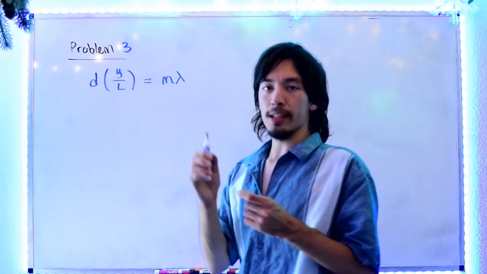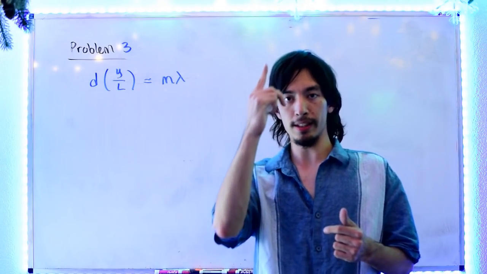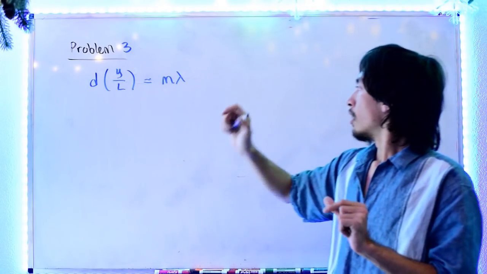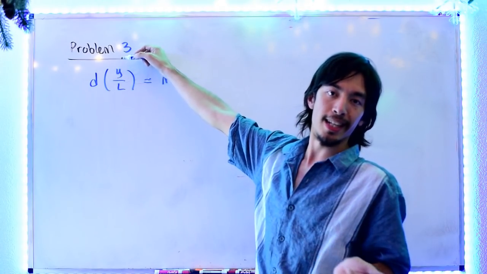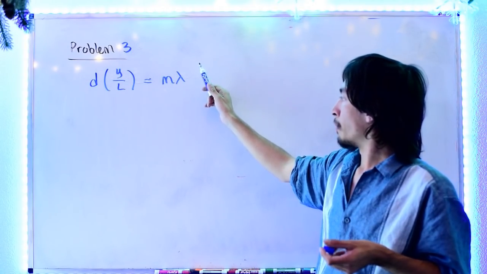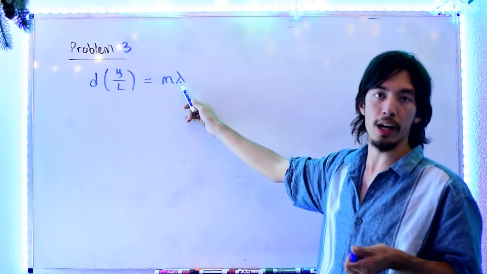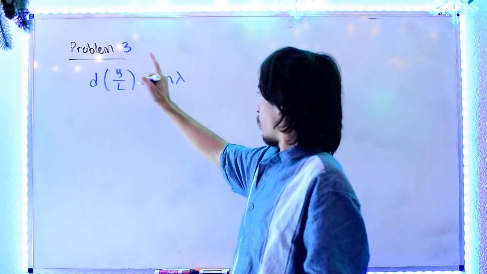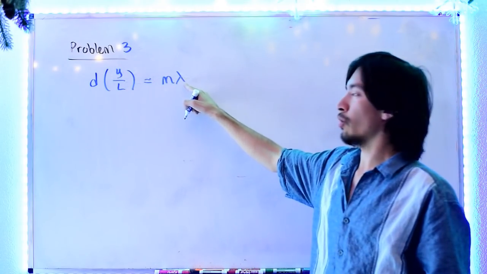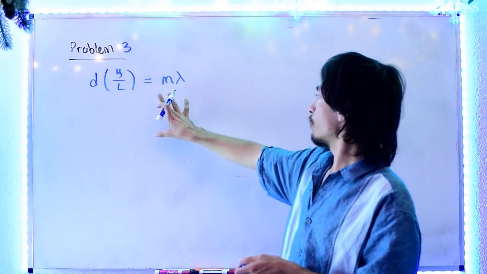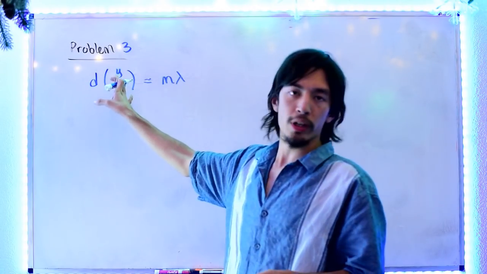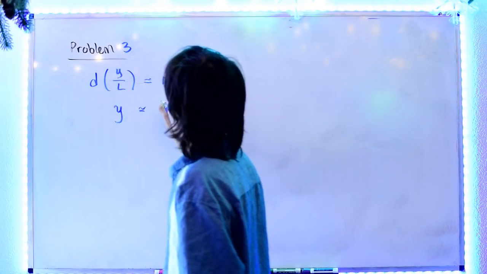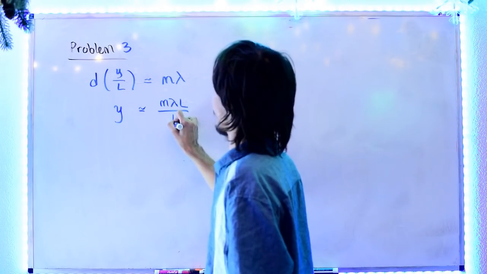I tell you that the distance along the viewing screen from the center to the spot of interest, y, is 10 centimeters. I take the wavelength to be 700 nanometers, and I'm just going to cut it in half. I want to know what happens to the value of y as a result of cutting the wavelength in half. So all you do is take the equation and solve it for what you need, which is y. In other words, y is approximately equal to m lambda L over d.